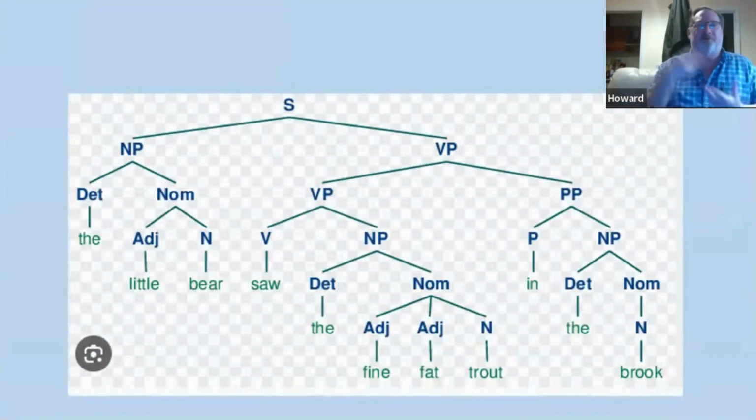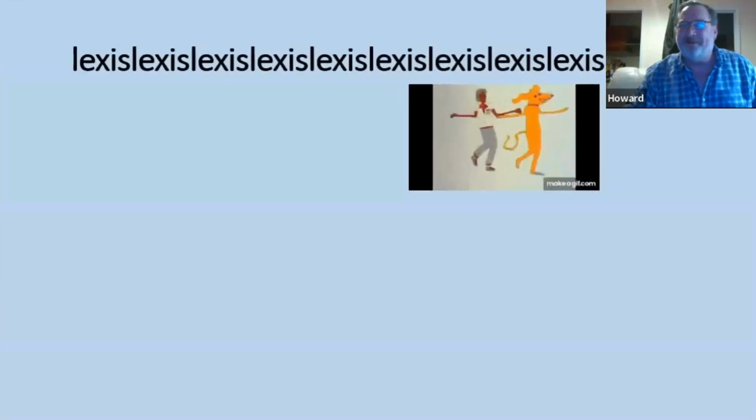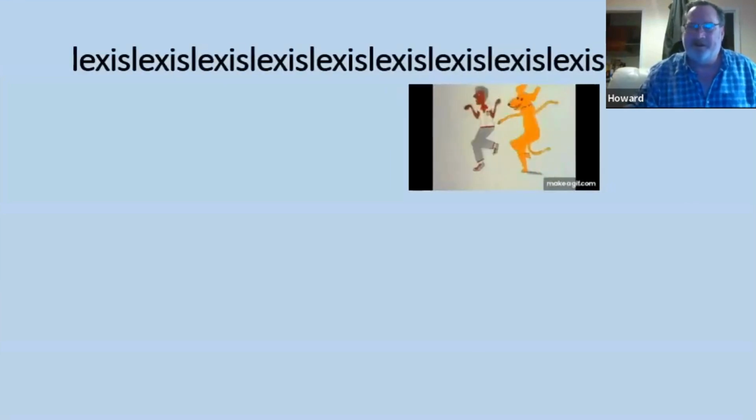It's viewing language as grammar being the fundamental thing that happens, and then lexis is plugging into it to do some jobs. But, you know, we're all supposed to be lexical these days, aren't we?